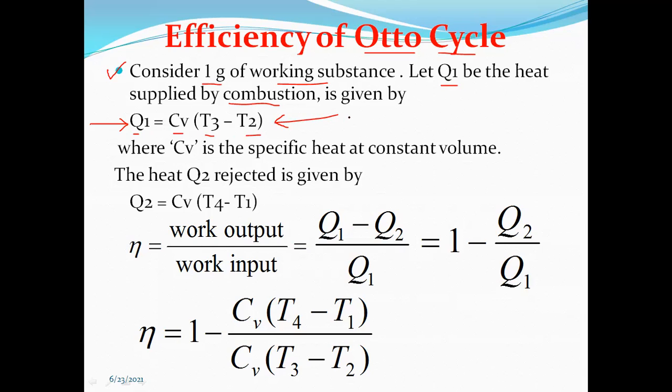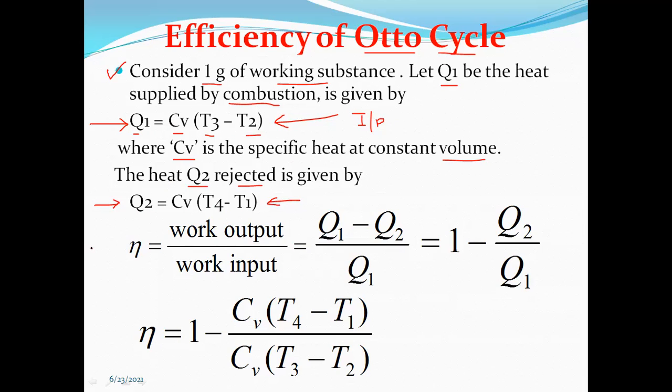Here, Q1 may be considered as input. Then the heat Q2 rejected is given by Q2 equal to CV into T4 minus T1.